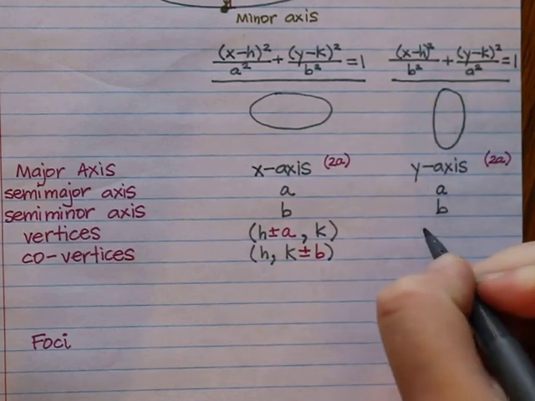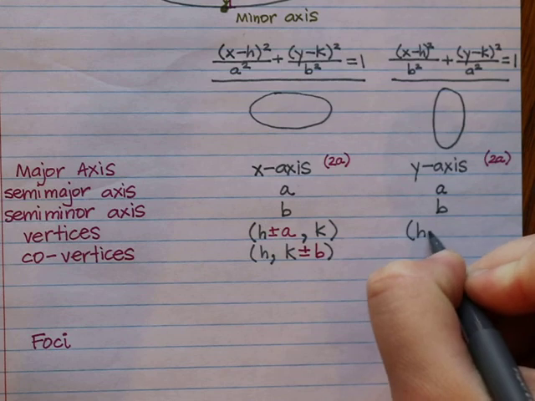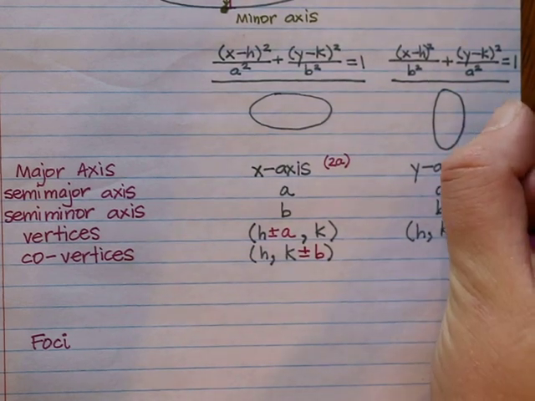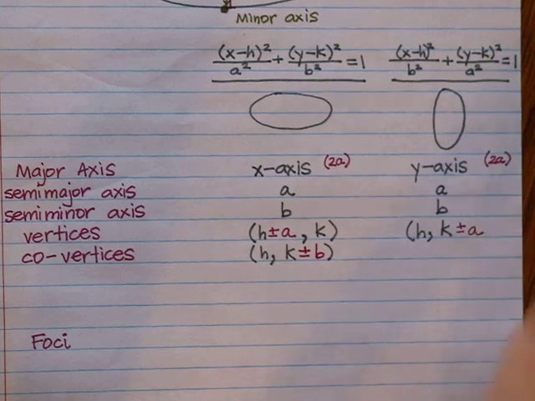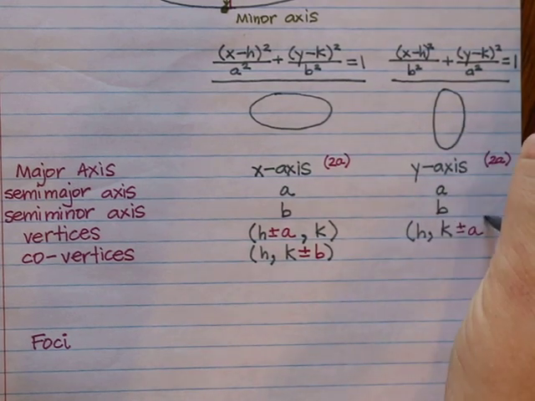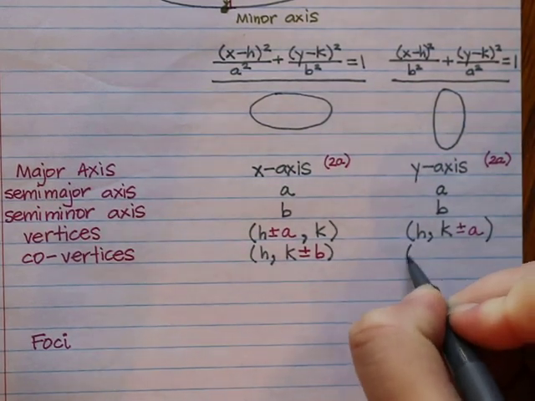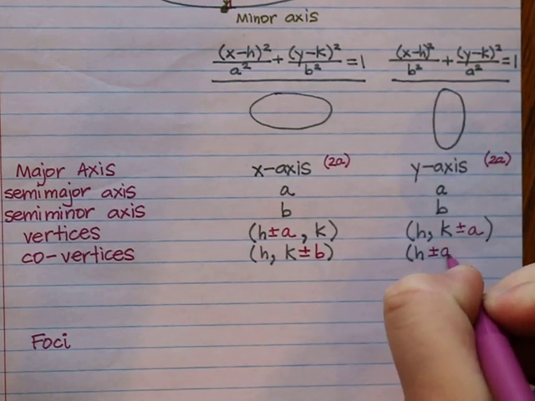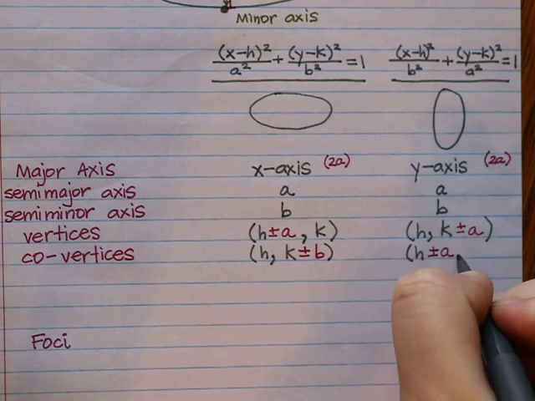Because for a vertical one, we are going to move up and down a distance of A. And our co-vertices are going to move left and right by the distance of B.